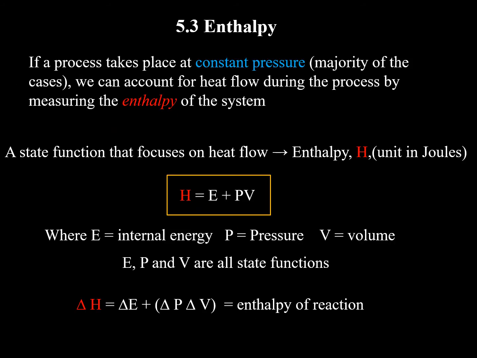Building on our internal energy, if we were to introduce a new state function, which is enthalpy, the best way is to describe it mathematically, where delta H is our enthalpy, and we have here energy plus pressure times volume.